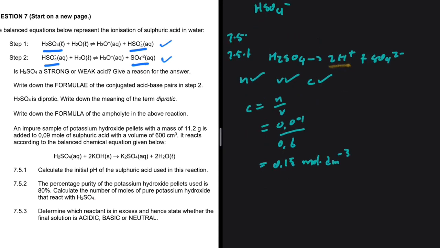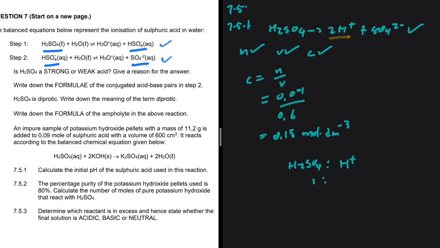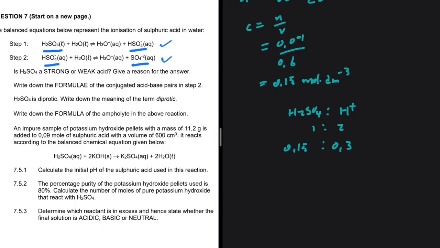So as we can clearly see from this equation, H2SO4 is to H+, we have 1:2. So if the concentration of H2SO4 is 0.15, the concentration of H+ will be 0.15 multiplied by 2, which is 0.3. So we have the concentration of H+.